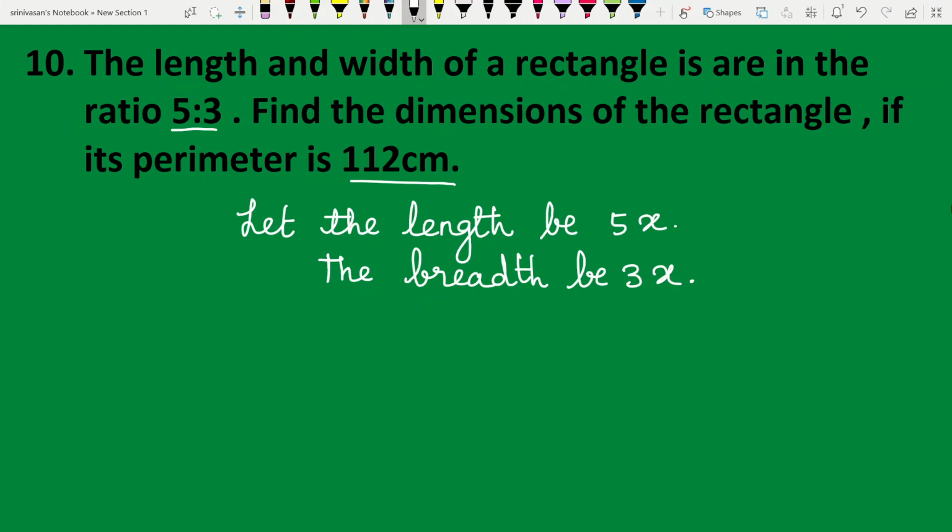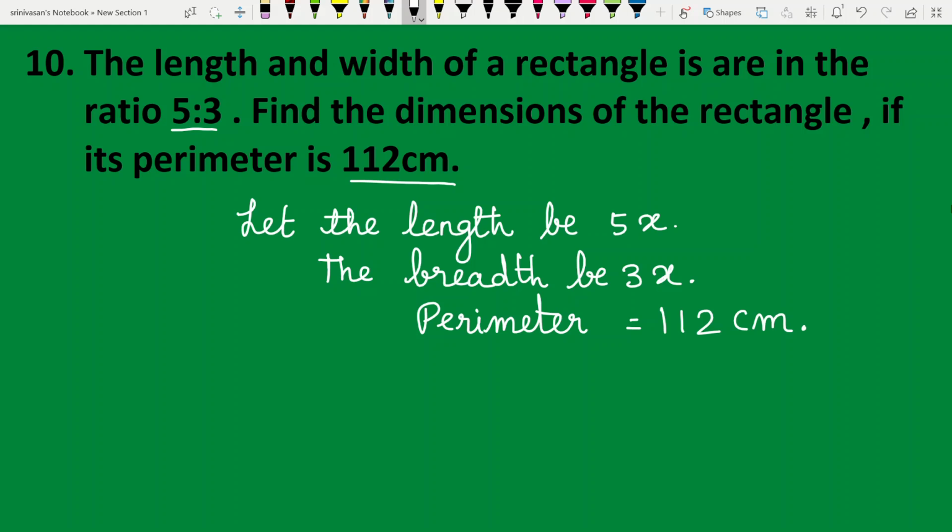Because here they have given only the ratios, we are going to find out. That's why we are using the term x. Usually for the unknown things we will use an alphabet. Here the alphabet is x. So length is 5x and the breadth is 3x. And perimeter is given in the question. What is the perimeter? Yes, it is 112 centimeter.